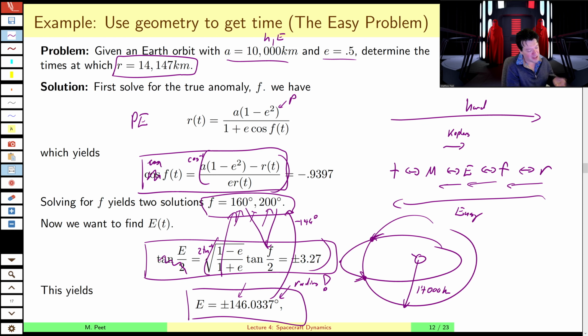Well, not really, because it's the wrong revolution, right? It was like you've added a period to it. Unfortunately, this quadrant ambiguity and the 2 pi, or the 360, ambiguity shows up quite often. And so when I go to the next step, I would actually like to resolve that ambiguity. So keep that in mind.